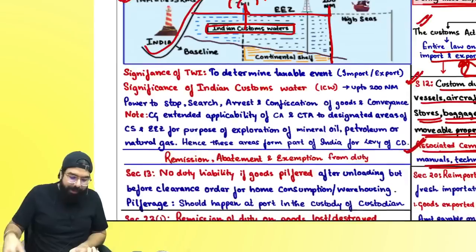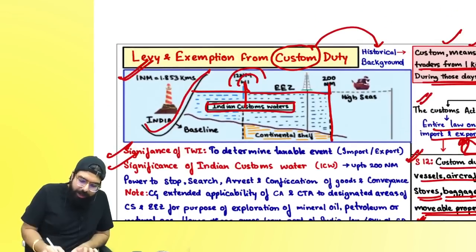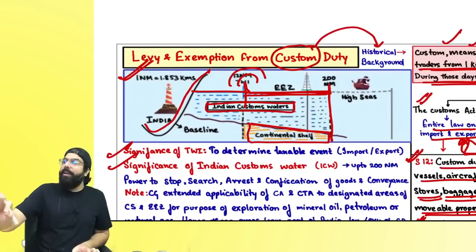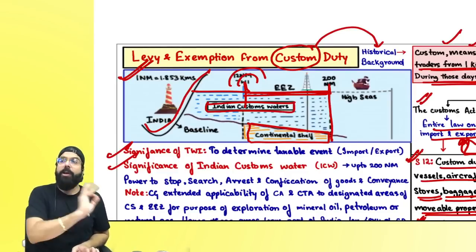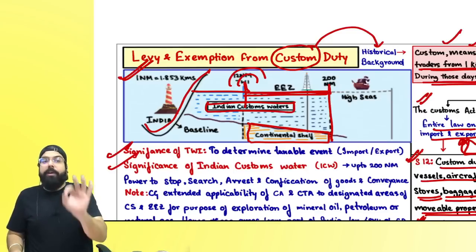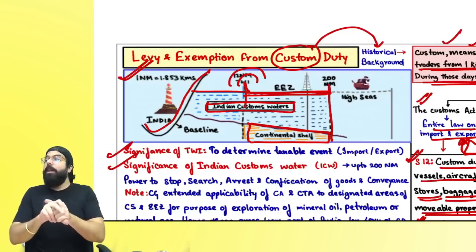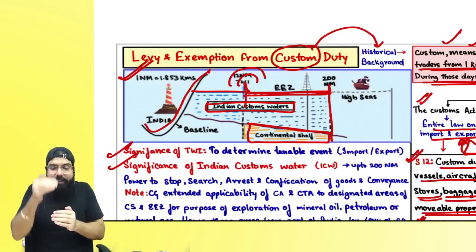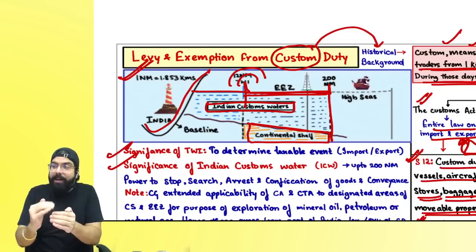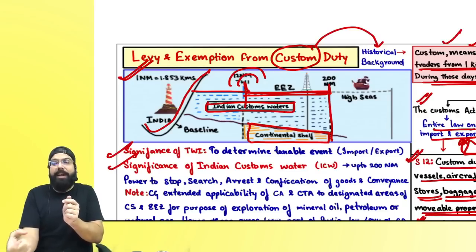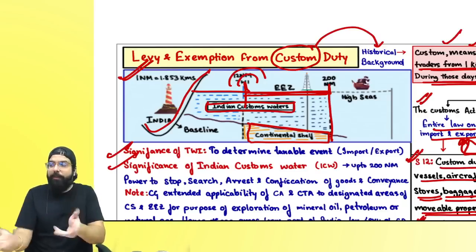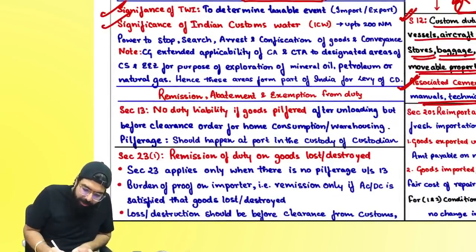Right, everyone? The next question is, does India include the exclusive economic zone and continental shelf also? In custom, the exclusive economic zone and continental shelf are not part of India. Always remember, they are not part of India. But the central government, using the power under the Maritime Zone Act, can extend the validity of the Indian Custom Act and the Custom Tariff Act up to specified areas of the exclusive economic zone and continental shelf, only for the purpose of exploration of mineral oil, petroleum or natural gas.